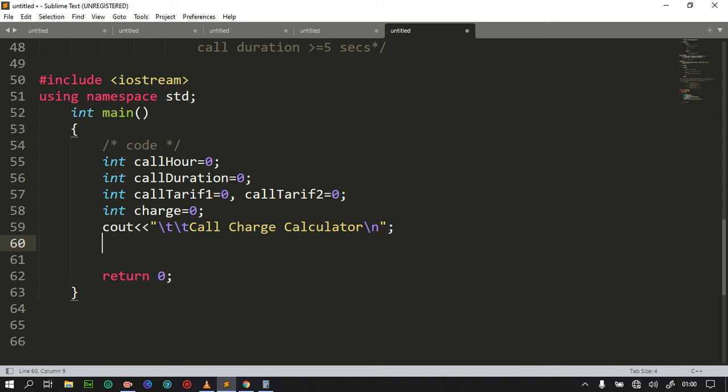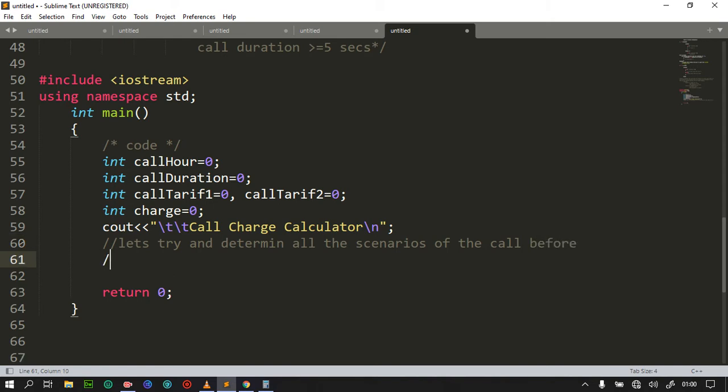So let's try and determine all the scenarios of the call before we take a charge.